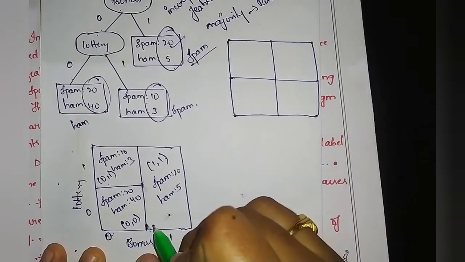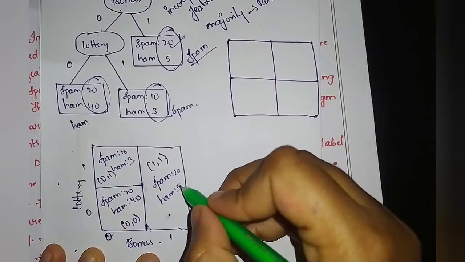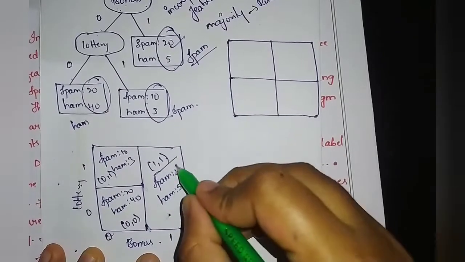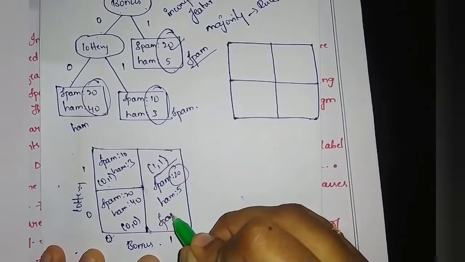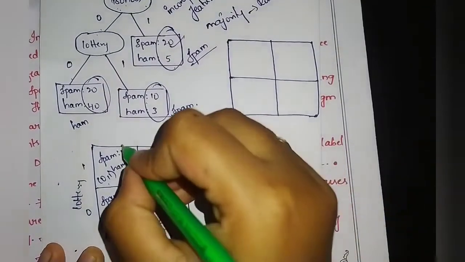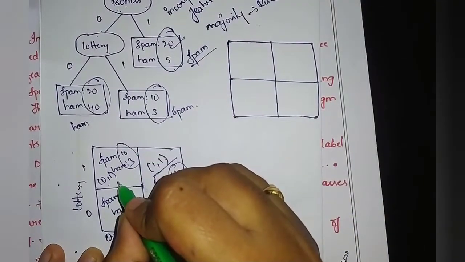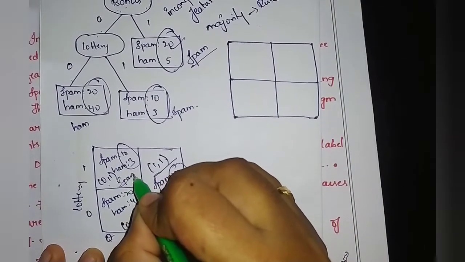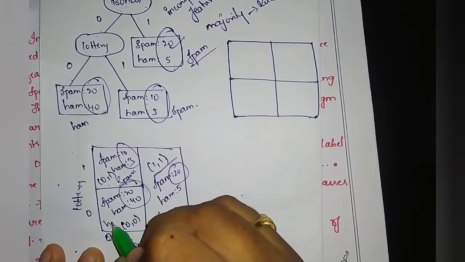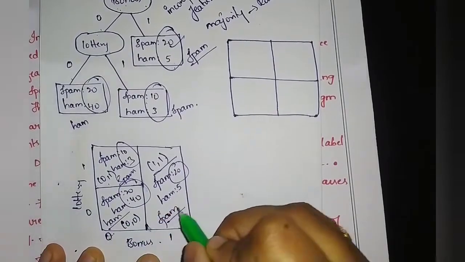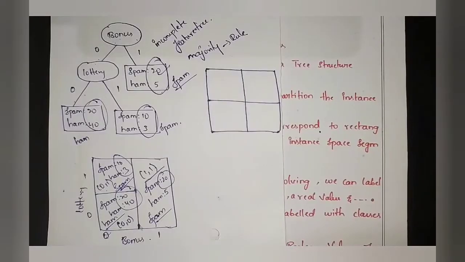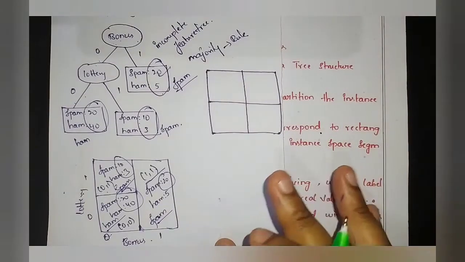Now according to this, how do we get the majority here in 1 on 1 majority? Both the quadrants belong to spam class, and here this quadrant belongs to spam again, but this one belongs to ham class. Okay. So as I already stated, logical models are very easy to understand, as they are simply converted into rules, and those rules are simply understandable to humans.